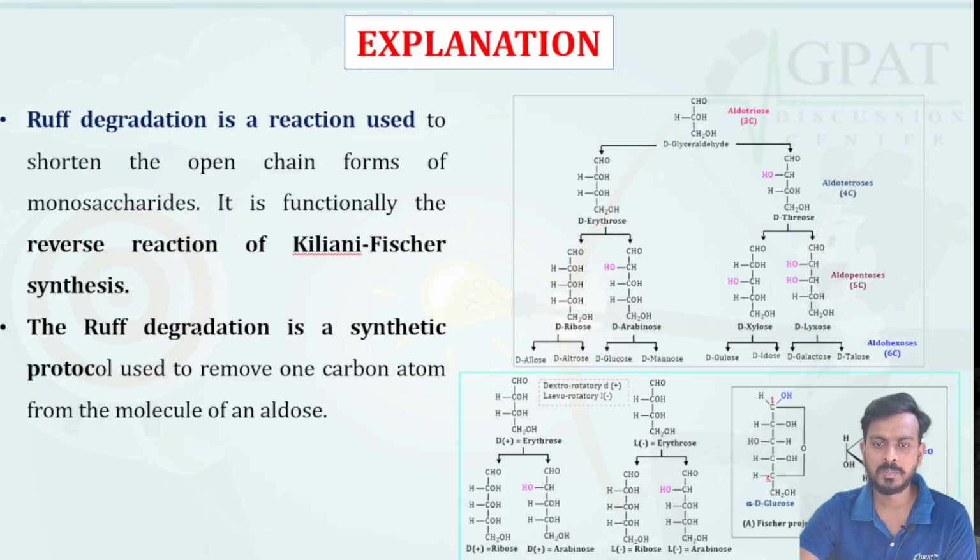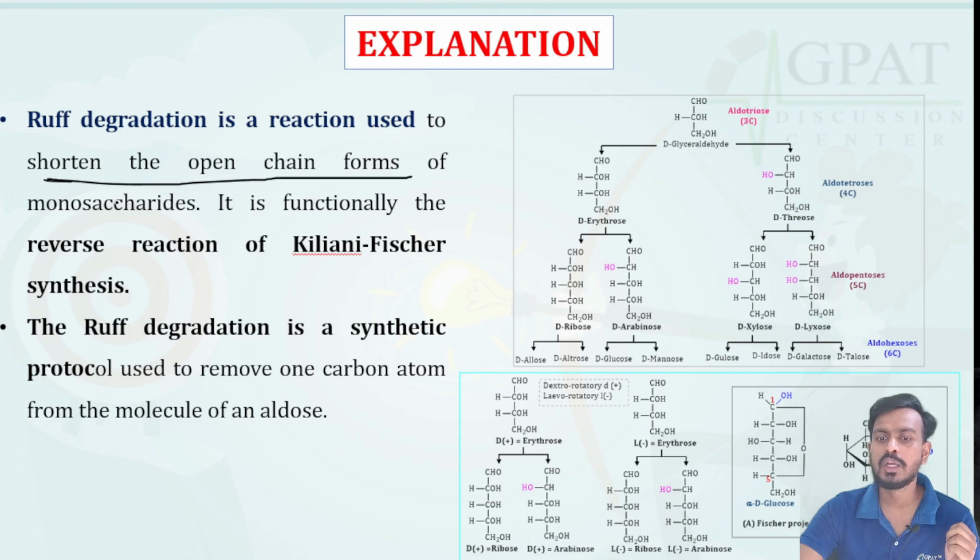Ruff degradation is basically a chemical reaction which is used to shorten the open chain form of a monosaccharide. Here in Ruff degradation, the carbon chain length reduces in case of an open chain compound. It is functionally the reverse reaction of the Kiliani-Fischer synthesis.